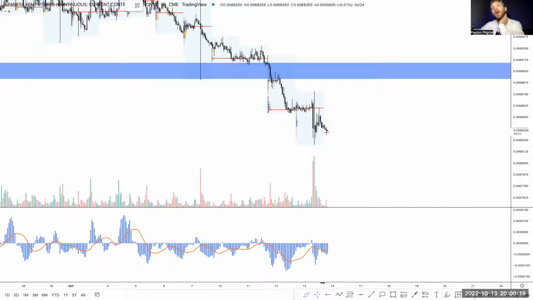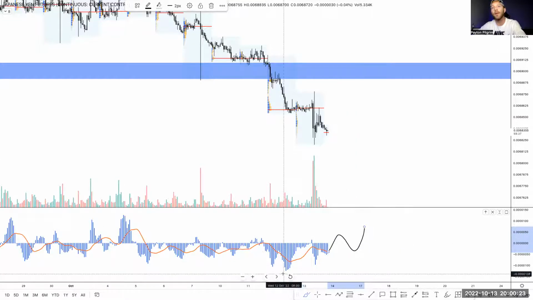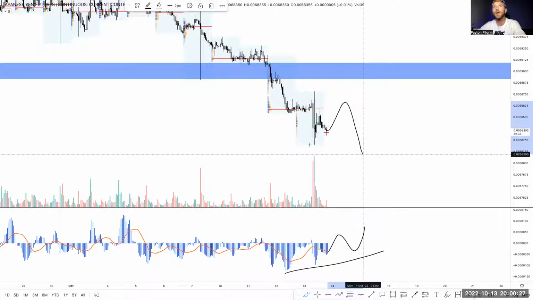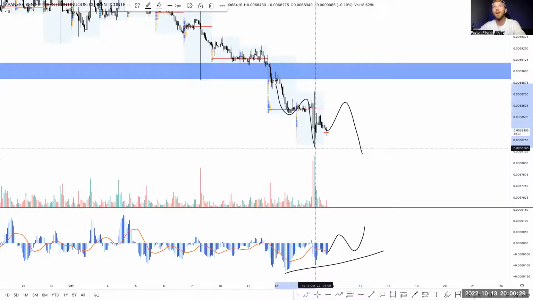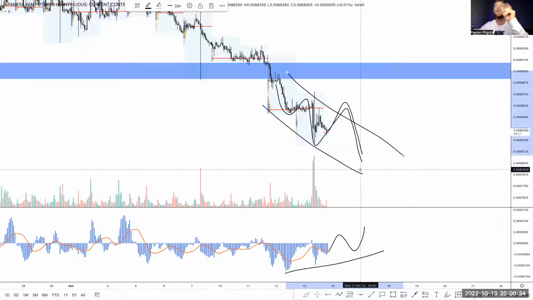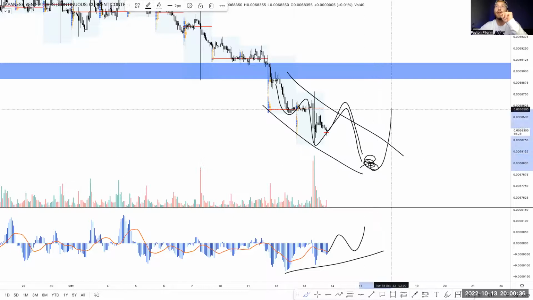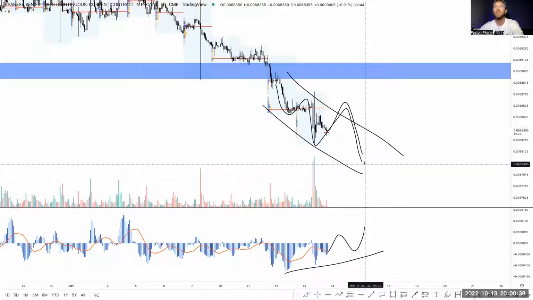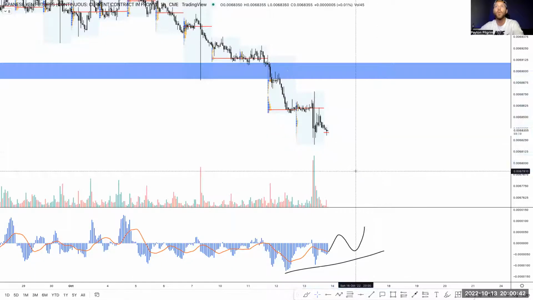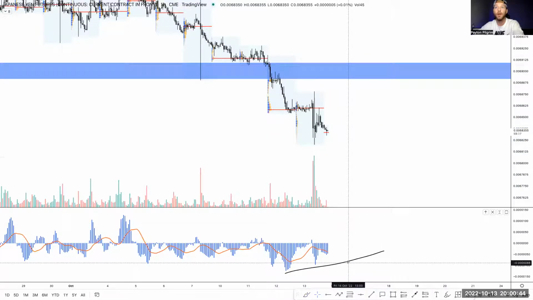I would need this to come up and then form another third wave of divergence. So that would mean this would need to come up and then make a new low. That would be very ugly, but it would be this falling wedge pattern. There would be an opportunity to buy down here. That would be the sketchiest play. So that's sketch play number one that I don't want to get involved in that much.